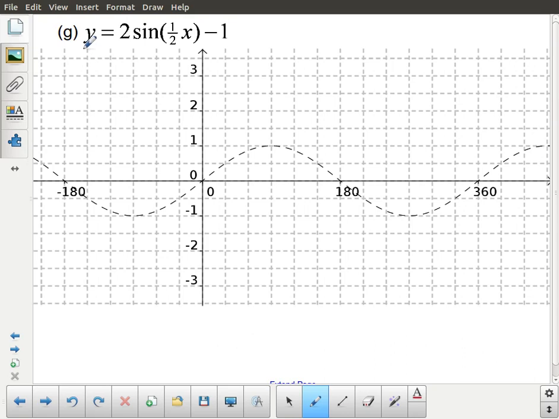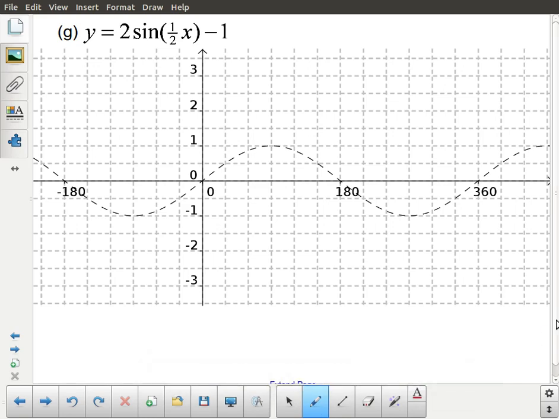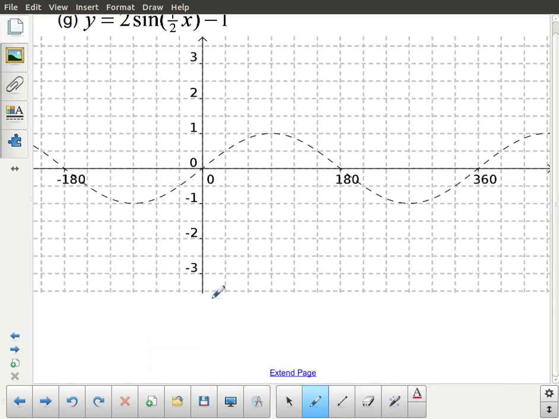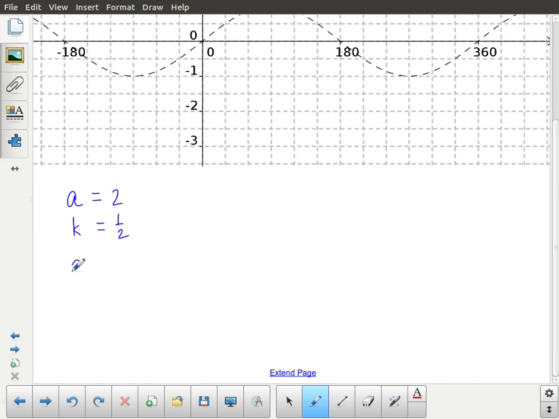Okay, now we're introducing multiple transformations. And so first of all, let's list those transformations, and once we've listed them, we can obviously transform points, but I also want to take a look at the effect on key features. So here I have an A value of 2. I have a K value of 1/2, and this outside the bracket would be a Q value of -1.